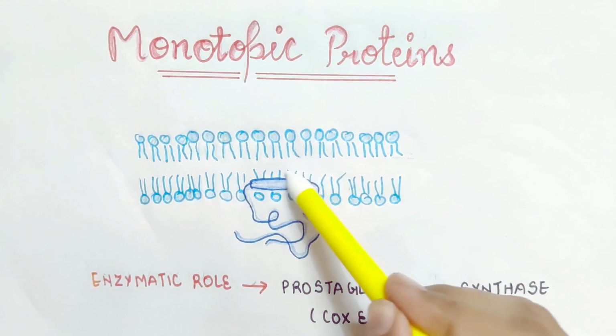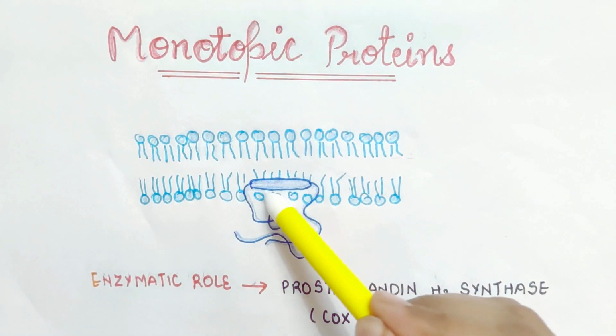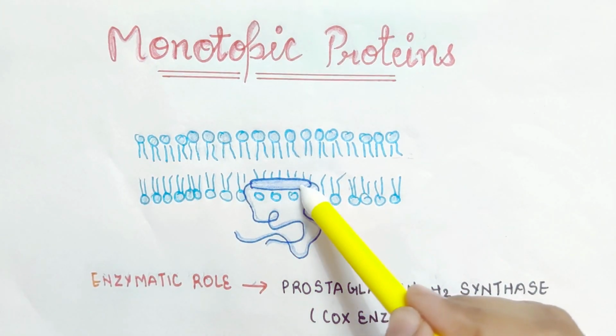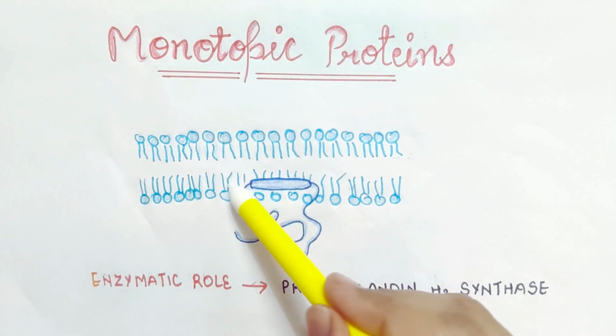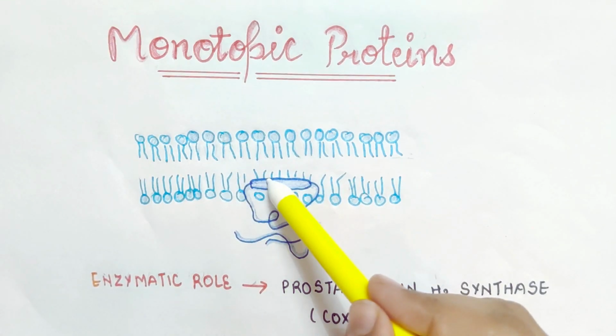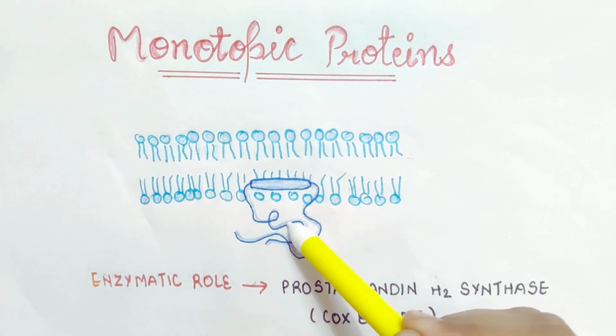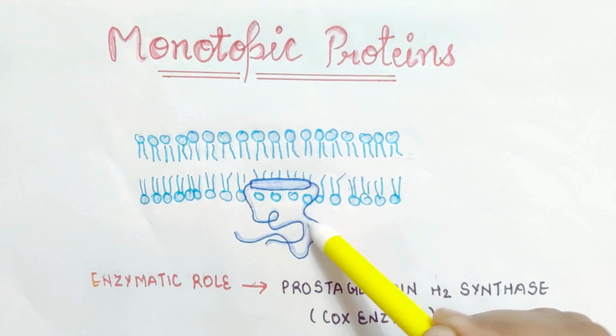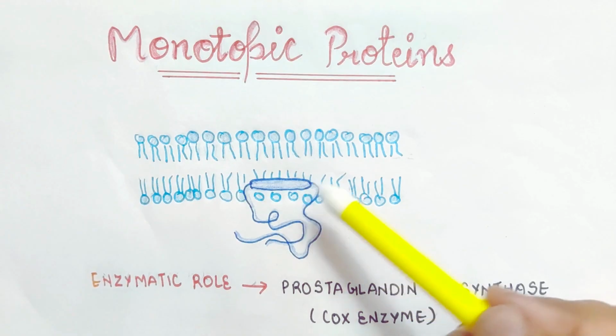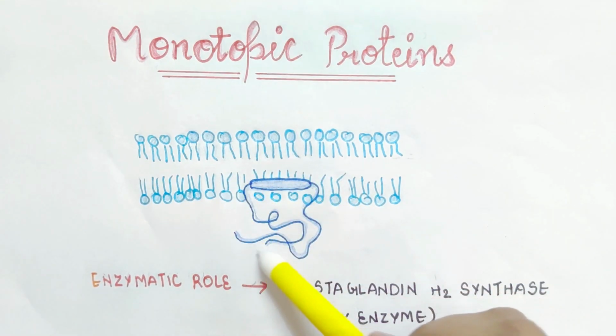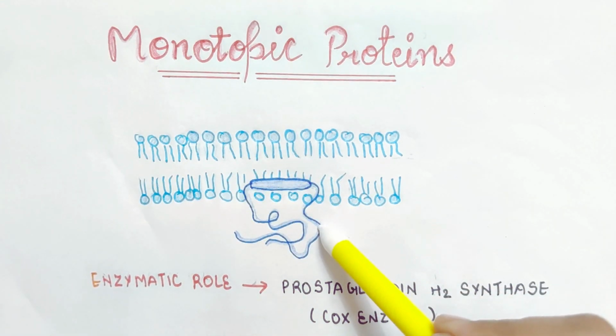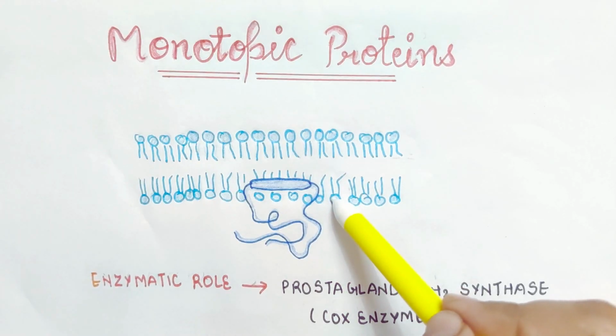The region which is inserted is rich in hydrophobic amino acids that interact with the hydrophobic fatty acid tails, while the region of the protein which is present outside is rich in hydrophilic amino acids. So in total, monotopic proteins are the ones which are partially embedded in the cell membrane.